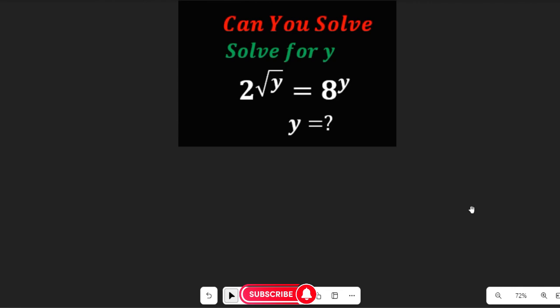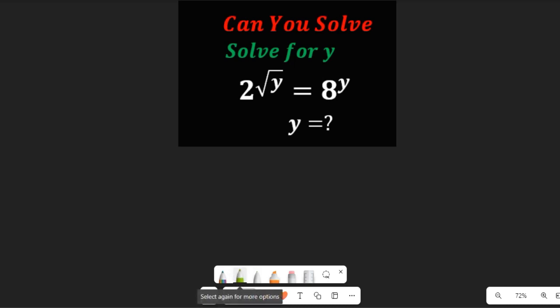Now to solve this, we are going to expand this in such a way, firstly, that they will have the same base. And that will be the beginning of the solution to this question. I want this right hand side to have the same base as the left hand side. So that will give me 2 to the power of 3, which is equal to 8, right?